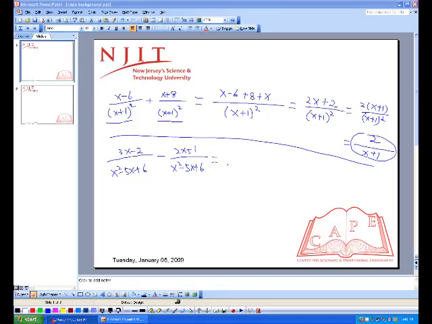So it's still the same. If you have the same denominator, let's just write a big denominator here, and then add or subtract the numerators.